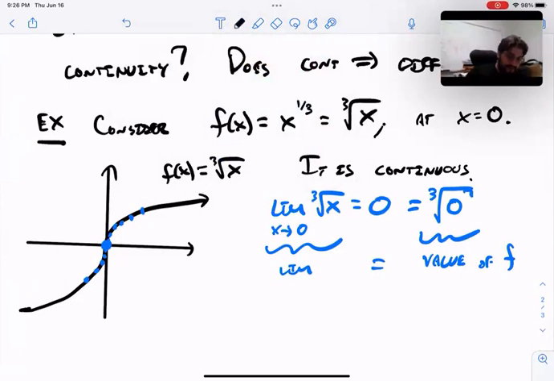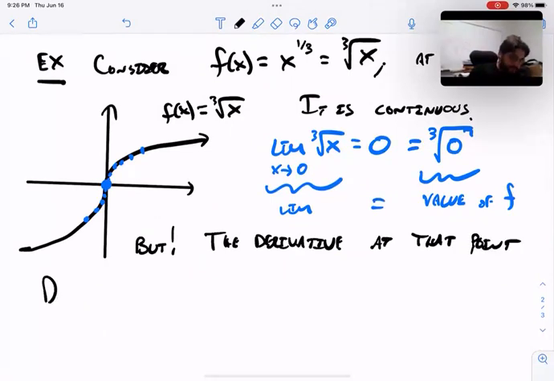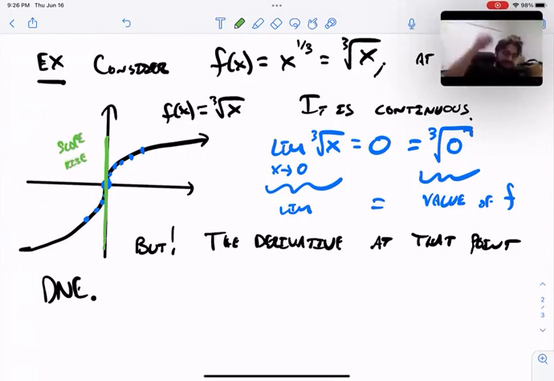But I claim the derivative at that point does not exist. Graphically, you could look at the tangent line. What would the rise over run be? The rise could be absolutely any quantity because the line goes up and up and up, and the run is 0.